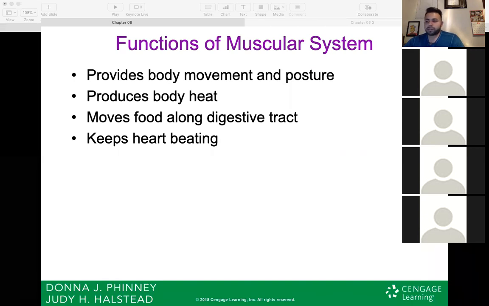Muscles also produce body heat. Anytime we're walking around or moving around, the more we move, the more we heat up. Sort of like when we go to the gym, the more we work out, people sweat a lot to make sure that their bodies don't overheat.